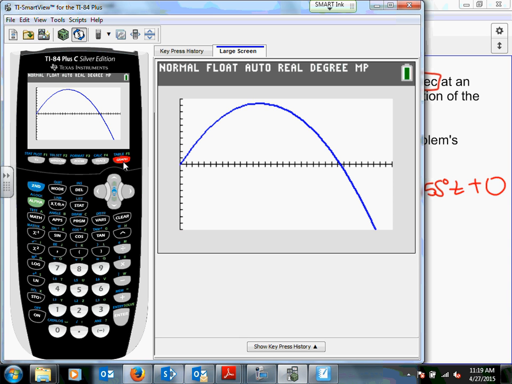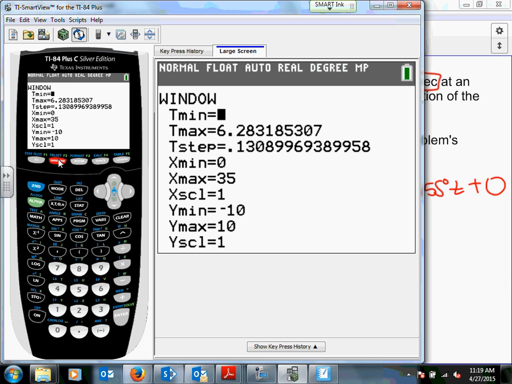Okay, so go to window. If we go back to this window, this T step, that is like every 0.13, they're plugging in a T. So 0.13, 0.26, and so on.